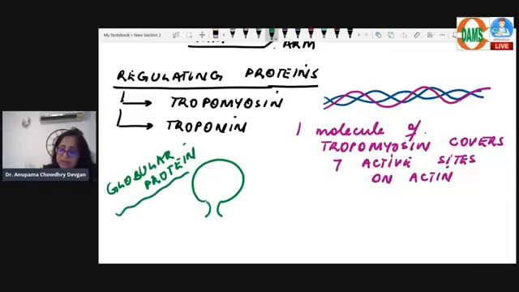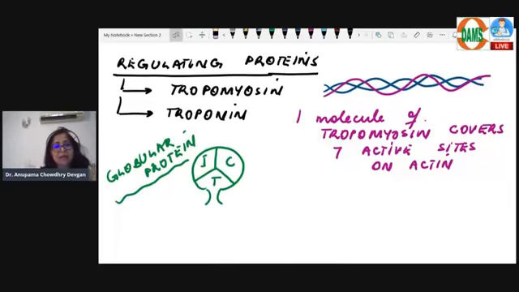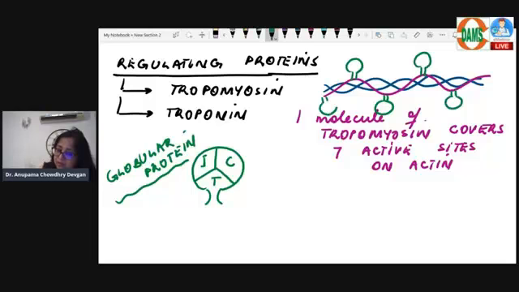When you say globular protein, there are 3 parts of troponin: troponin T, troponin I, and troponin C. Regulating proteins: one molecule of tropomyosin covers 7 active sites on actin. Troponin is a globular protein, and it is associated with tropomyosin.